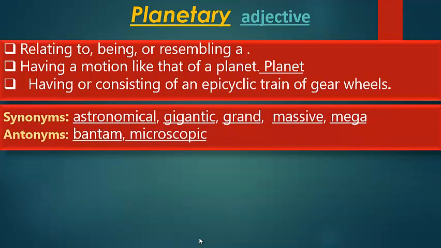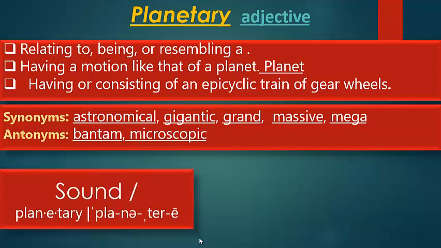Synonyms: astronomical, gigantic, grand, massive, mega. Antonym: bantam, microscopic, which means very small. Sound: planetary, planetary.